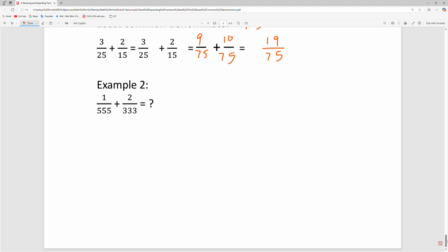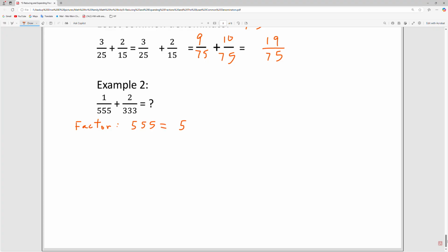Okay, now go back to the very big number, so you factor. 555 equals 5 times 111, and 333 equals 3 times 111. Looks like they have a common factor.